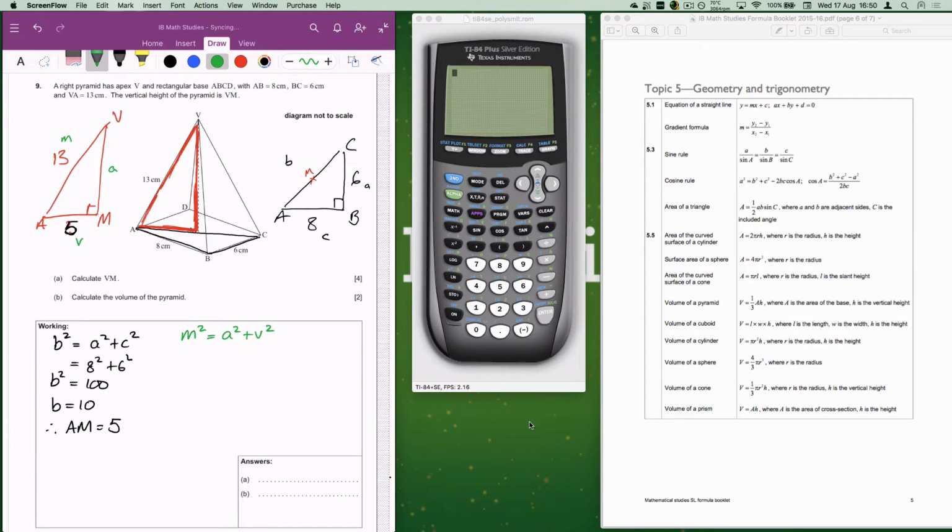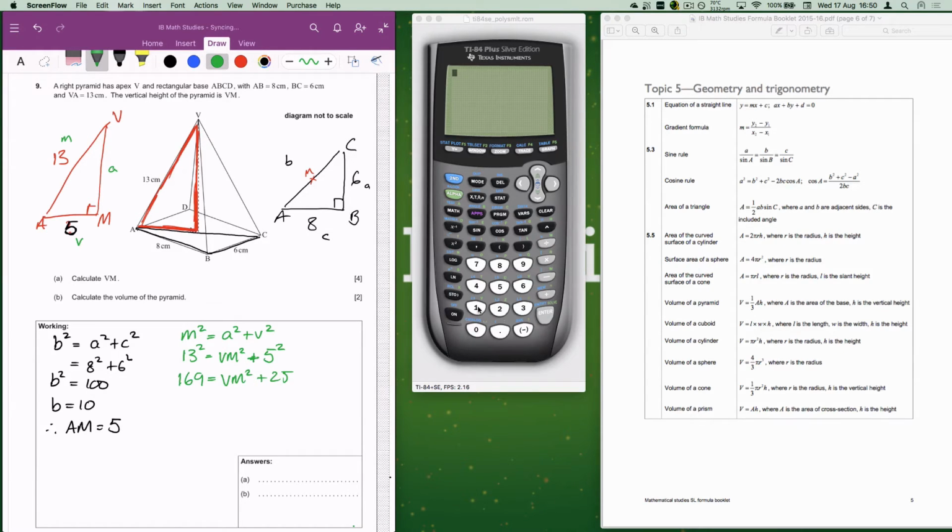So m is 13, so that's 13 squared equals a squared, which is, we don't know, it's VM squared because that's what we want, and this one here is 5 squared. So 13 squared is 169, which is equal to VM all squared, which, oops, that shouldn't be an equals, there should be a plus. Plus 5 squared, which is 25.